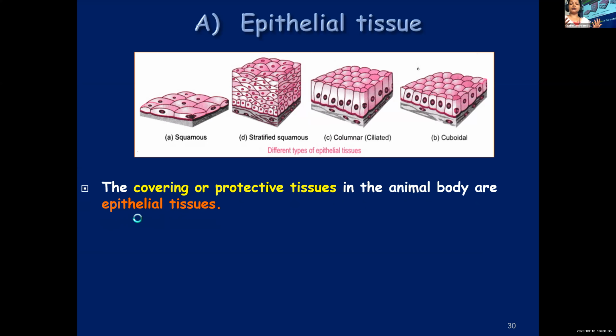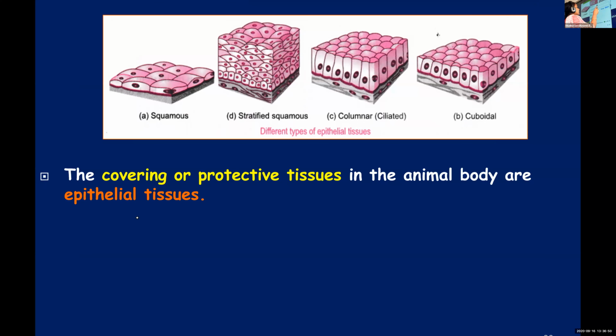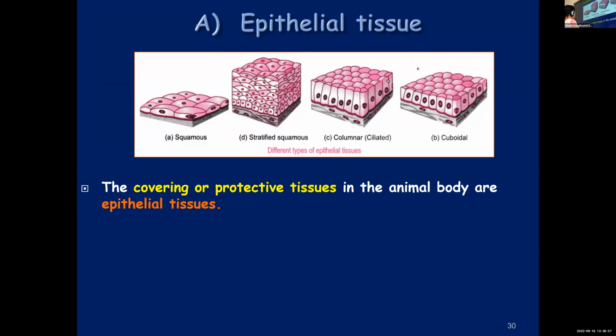In other words, this tissue will cover and protect the animal body. The entire body of an animal is covered and protected by which tissue? Epithelial tissue.